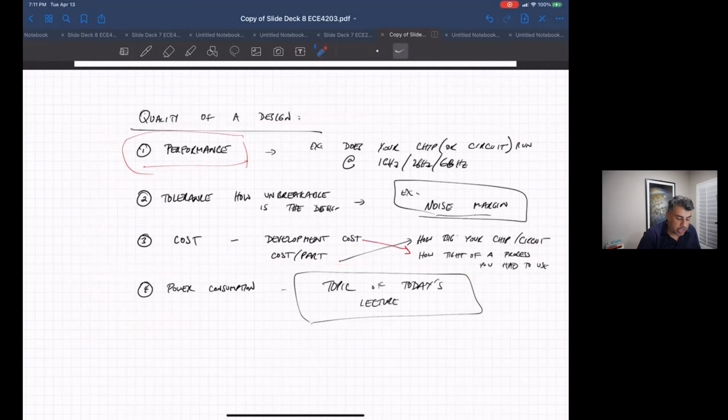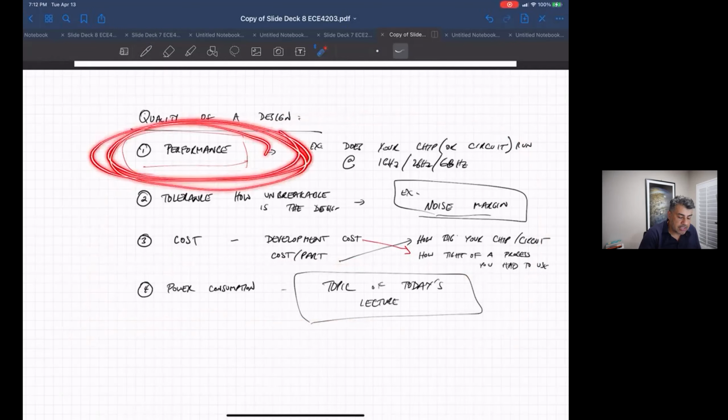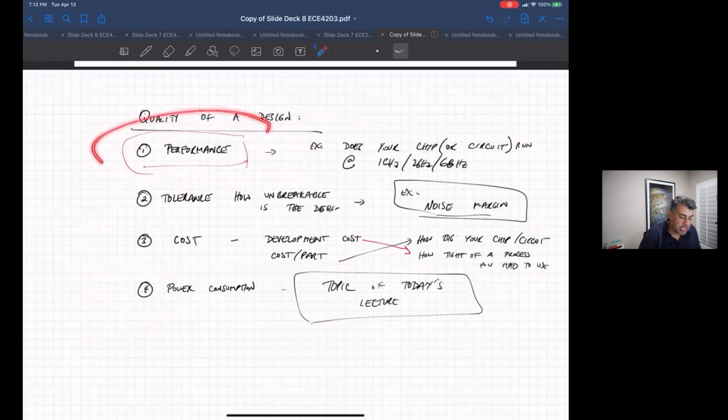For example, a bunch of you are computer engineers. I'm sure you're doing coding and software classes, but when you're running software, you're probably just focused on how fast your software is running, or whether it meets the functionality.